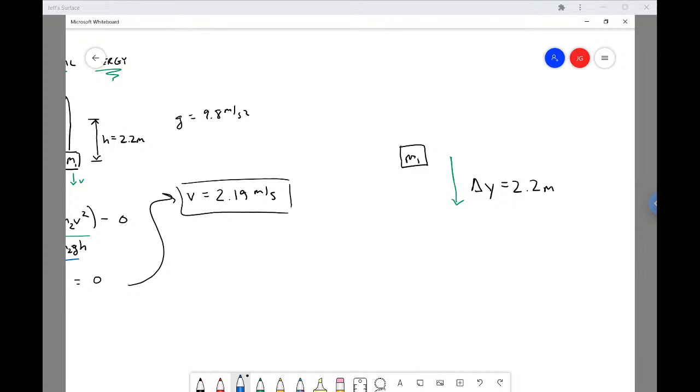The forces acting on mass 1 are gravity, which pulls down, and there's a tension force, we'll call that Ft, that points up.